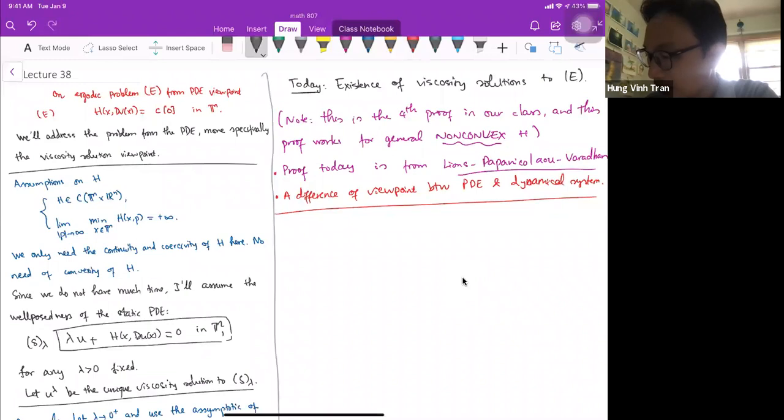Let me recall quickly the ergodic problem. We find a function v so that H(x, Dv(x)) equals a constant c0 in the torus. We have proved earlier that c0 is unique.